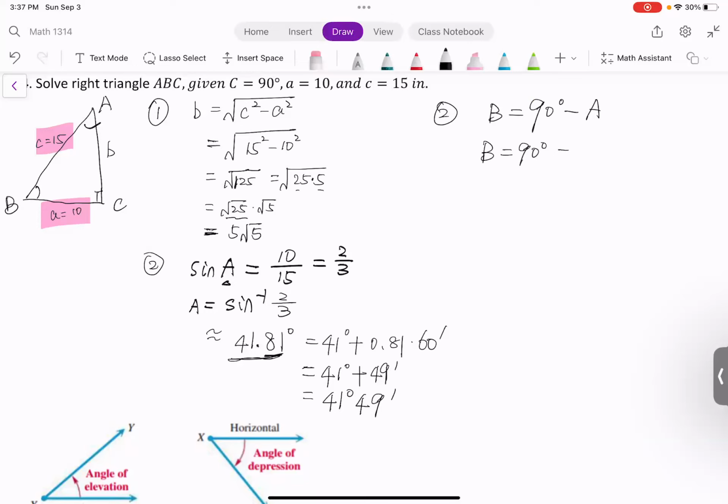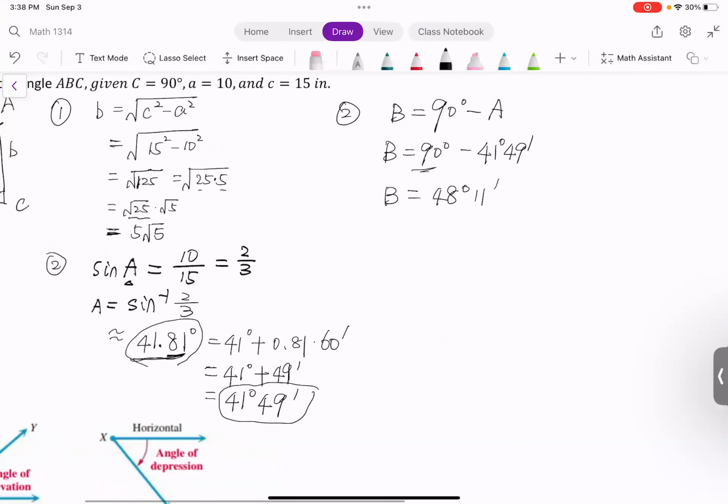If the question didn't ask anything, you use 90 minus 41.81 degrees. If the question says round to the nearest minutes, you choose this one: 90 degrees minus 41 degrees 49 minutes. So angle B equals 48 degrees, 11 minutes.